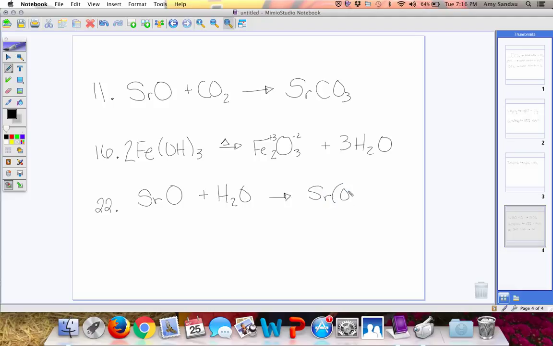Well, the metal in this case is Sr, and the hydroxide goes there, and Sr happens to have a charge of 2, so I'm going to crisscross and bring the 2 down, and then we are also balanced in that case.